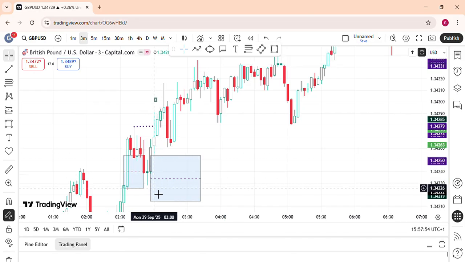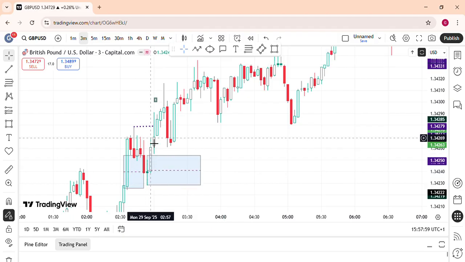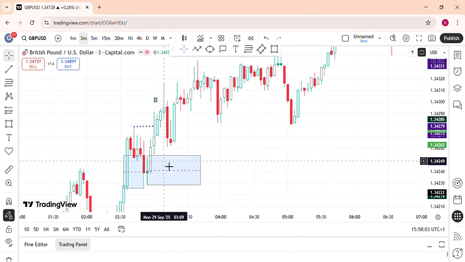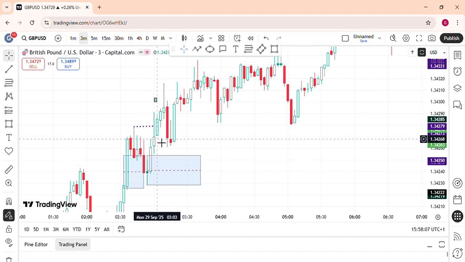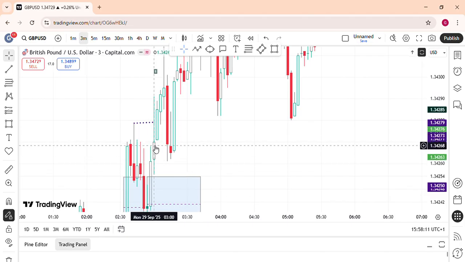But as you can see, the price did not even try to come to this area to give us a bullish trade right from this fair value gap. But you can see this fair value gap here. This is where price actually bounced from.